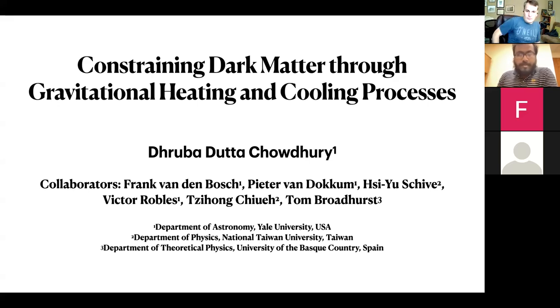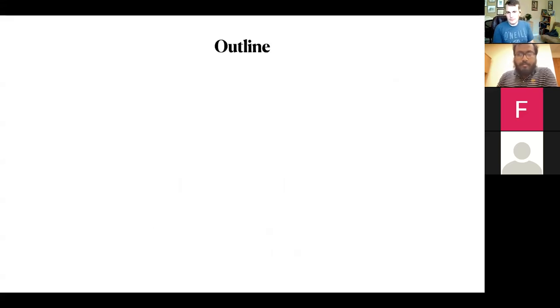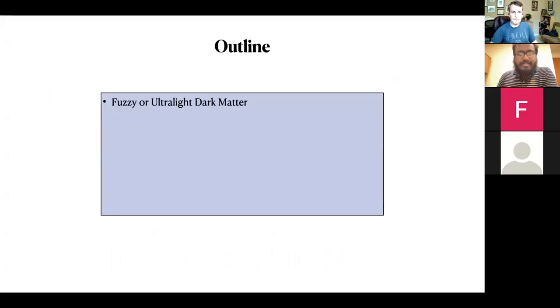So let me begin with a brief outline of my talk. I'll start by introducing what is fuzzy or ultralight dark matter. Then I will talk about gravitational heating and cooling mechanisms in general, for people who may not be familiar, and just to introduce the gravitational cooling and heating mechanisms that I am going to be interested in for the purpose of this talk.